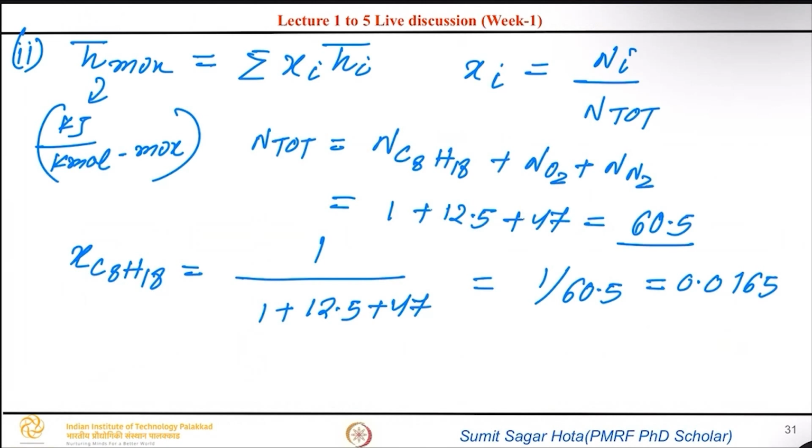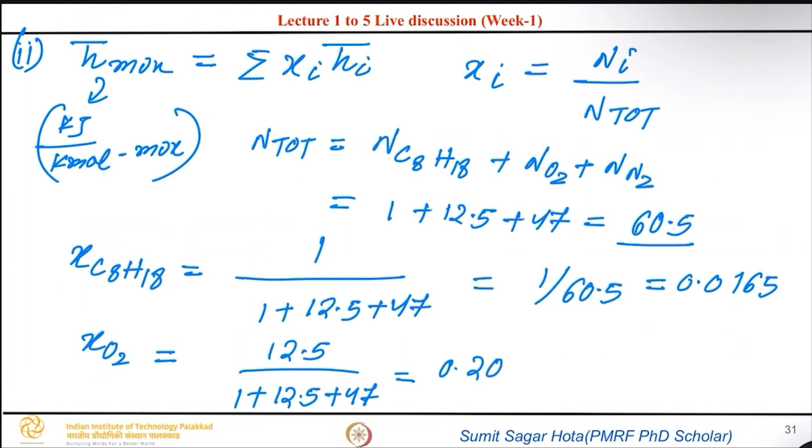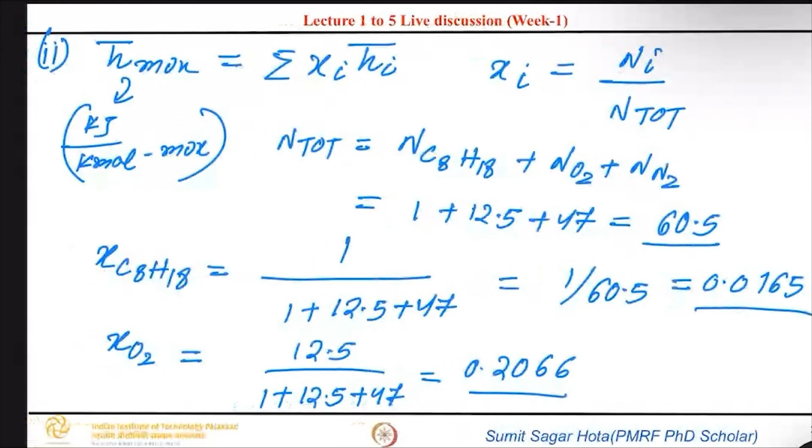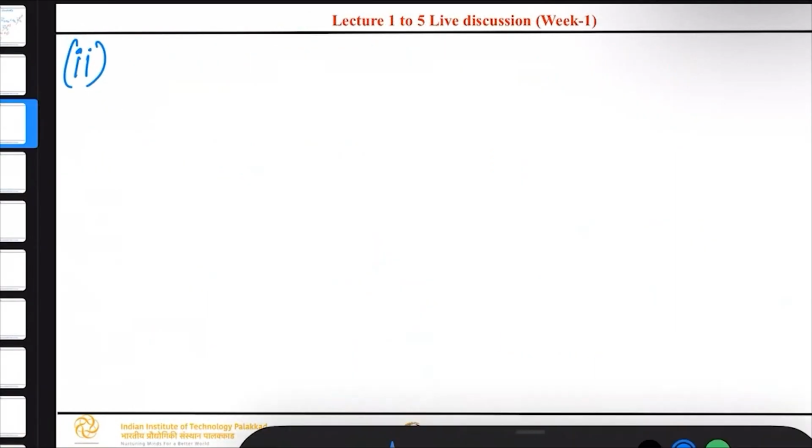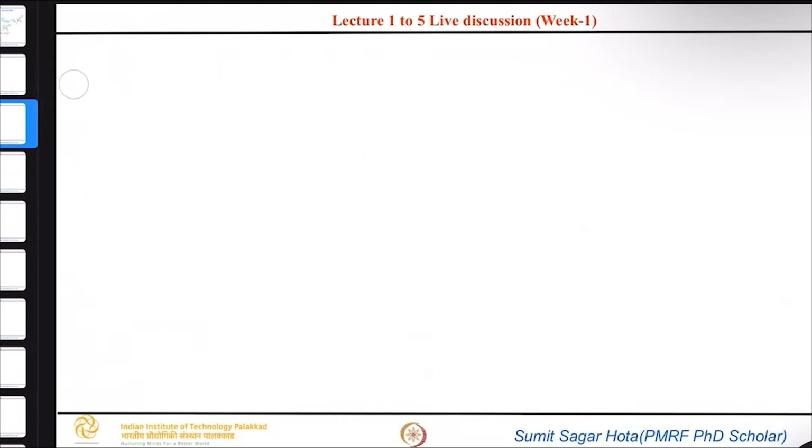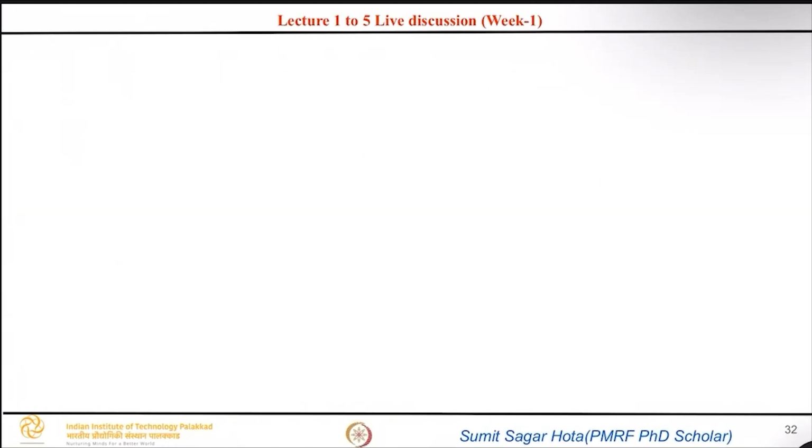Similarly, we just go for x of O2. 0.2066. Okay. For x of N2, how do we calculate?